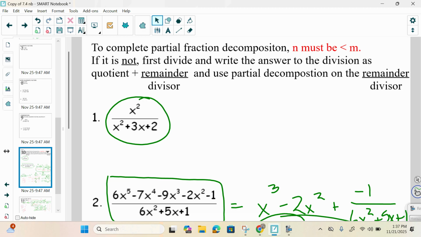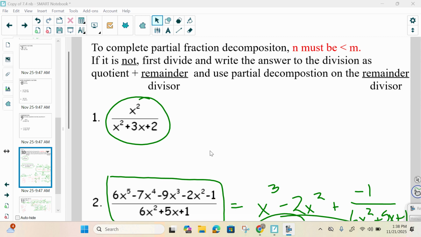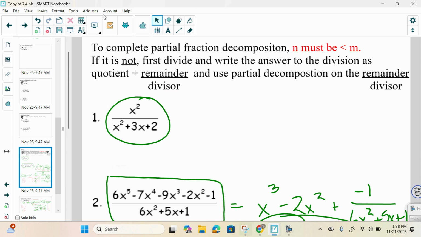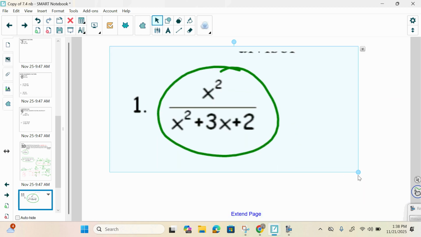Hopefully you're going to see the quotient's going to be 1. I'm just giving myself more room. Just do the long division.